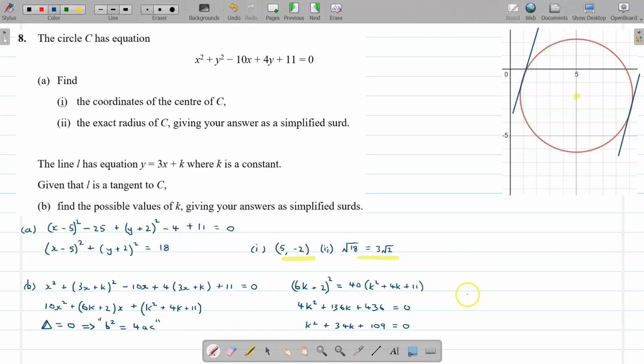And from that you get k is minus 34. k equals minus 34 plus or minus the square root of 34 squared minus 4 times 109, and all of that is over 2.